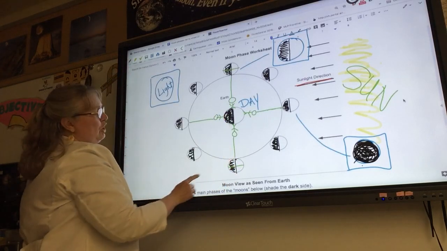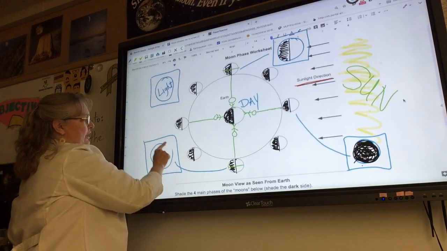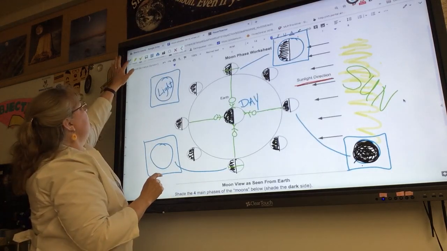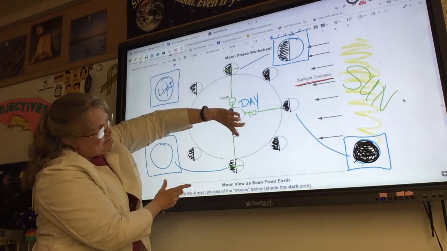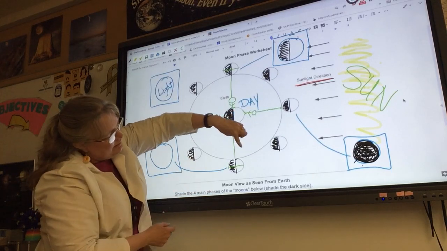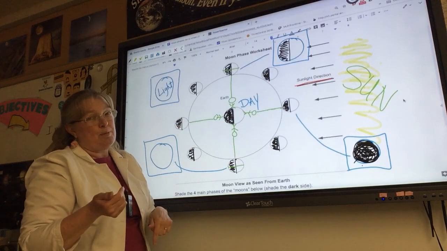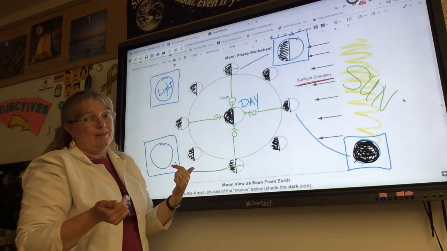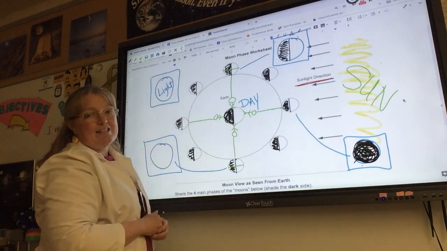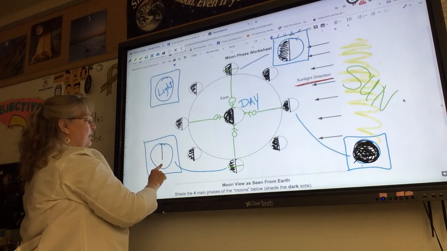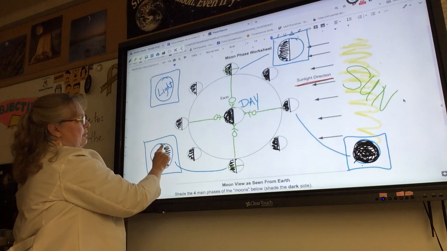So, looking at their viewpoint, they're going to see half of the moon is in darkness, but to them, so this is my left hand, this is my right hand, so to them the left side is in the light. Now, you can turn your paper, I can't turn my board, okay? But the left side is in the light and the right side is in the shadow. So if I go here, the left side is in the light, the right side is in the shadow.